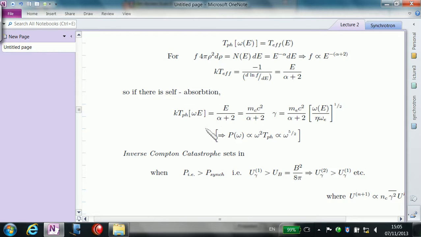Yeah, kT. Is this right? E over alpha plus 2, or E times alpha plus 2? Did I make a mistake here? This looks right? Yeah.